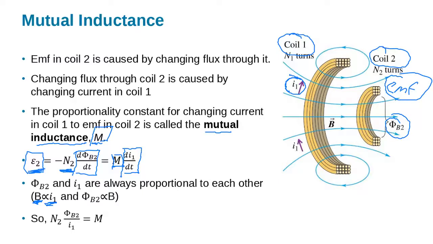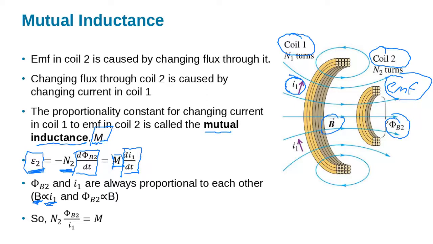It just depends on the distance from it and the geometry. If you have a coil there, then that changes it a bit, but we still have this direct proportionality. So if we double the current I1, then we double the magnetic field B.